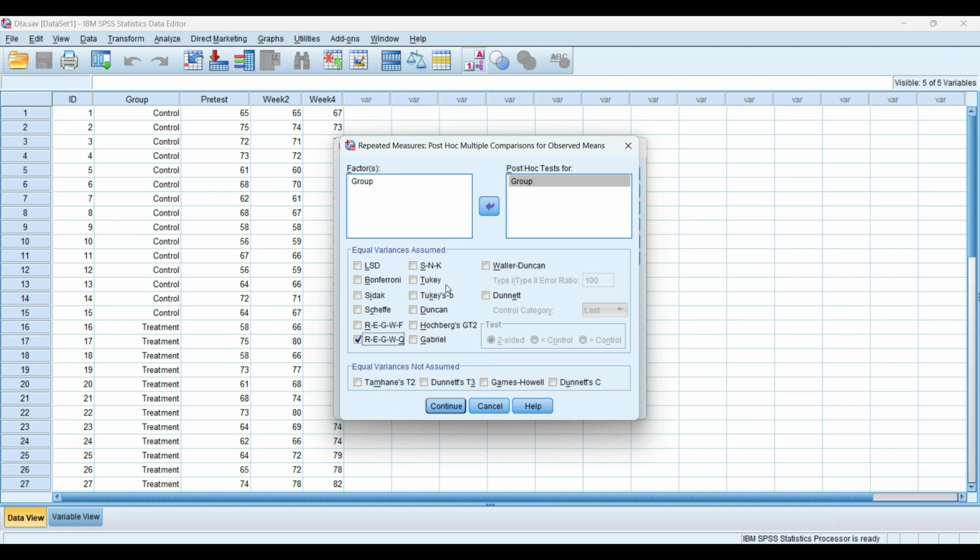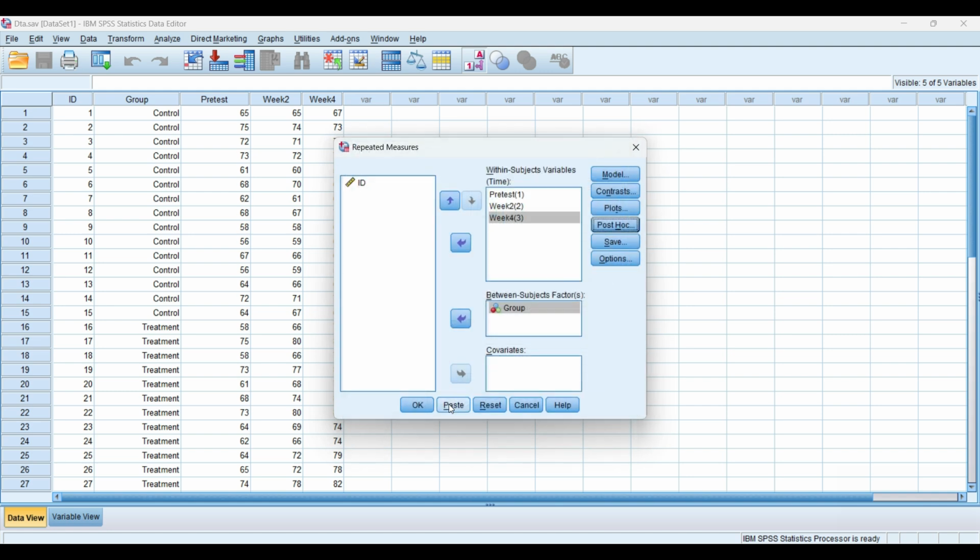If we have 3 or more groups, then we will apply Tukey and other tests. So we have 2 groups, so we can simply apply the REGWQ post hoc test and then click on Continue.